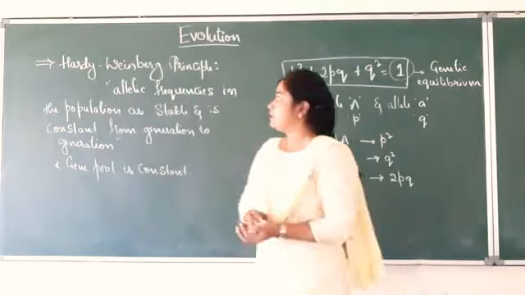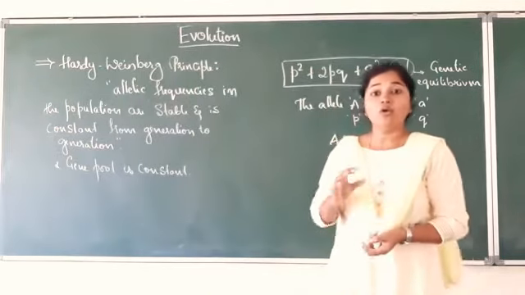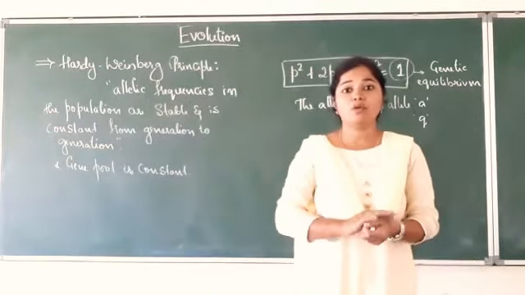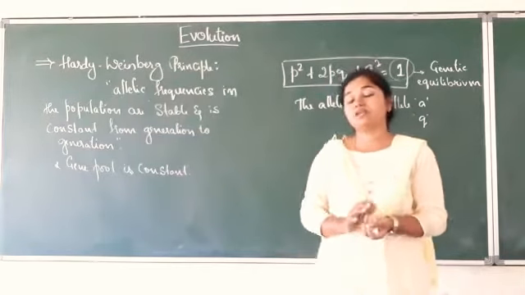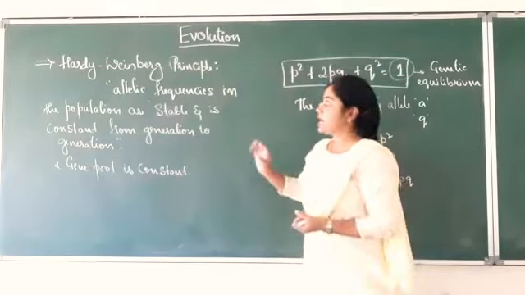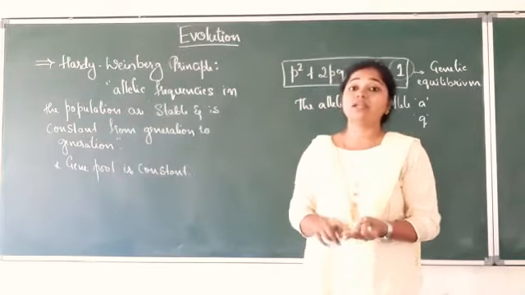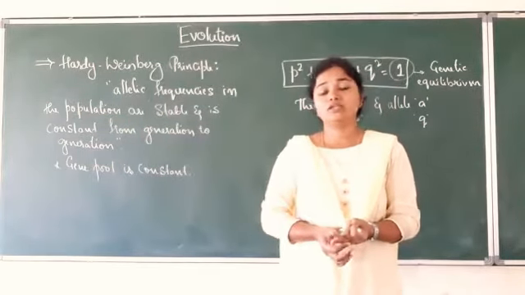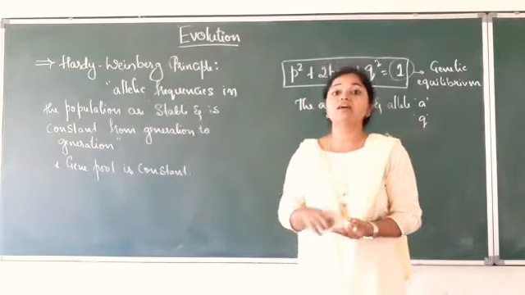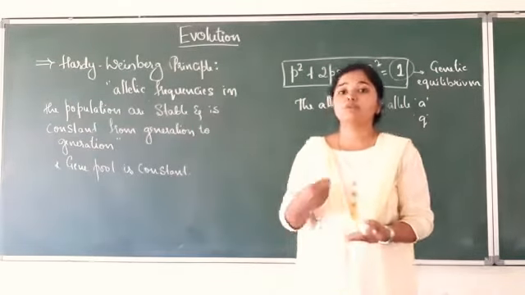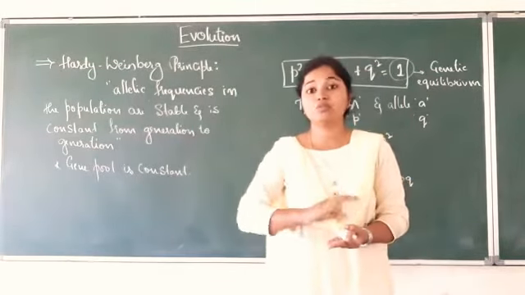But the thing is that this Hardy-Weinberg principle holds good only when the population size is large. Whenever there is a big population, this Hardy-Weinberg principle is going to get applied, and then there should be random mating. Third, there should be no mutation. Suppose if the mutation takes place, it has to take place in both directions.